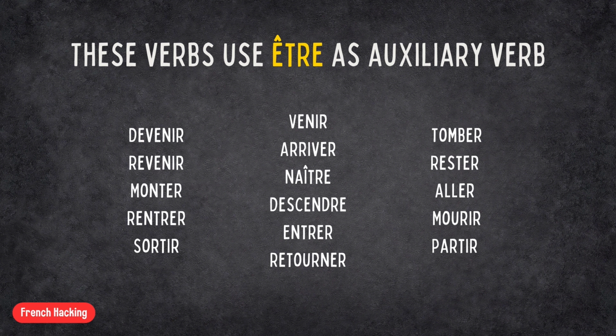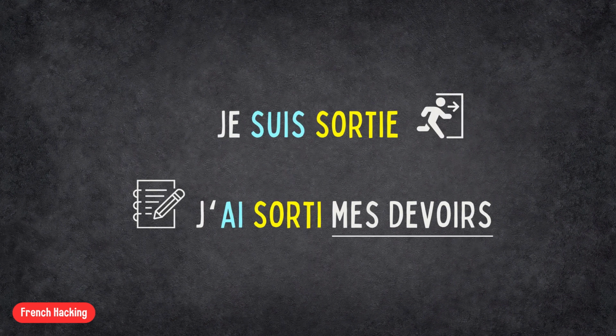But it's important to note that some of these verbs can use the helping verb avoir when a direct object is involved. For example, je suis sorti, j'ai sorti mes devoirs. Nevertheless, the vast majority of these verbs will use être.